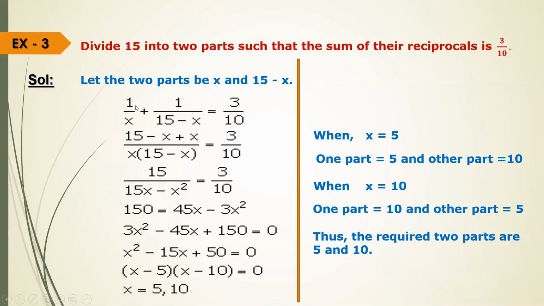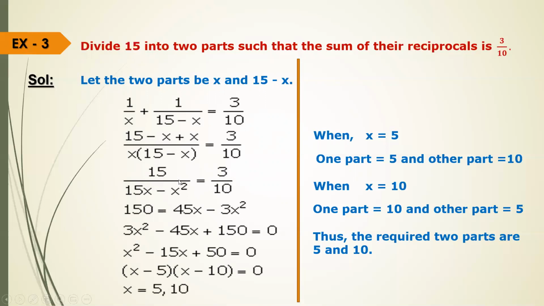This is 15 minus x plus x upon x into 15 minus x, equal to 3 by 10. We have learned LCM of algebraic expressions in class 8th also. Here x will cancel. It will be 15 upon 15x minus x square equal to 3 by 10.